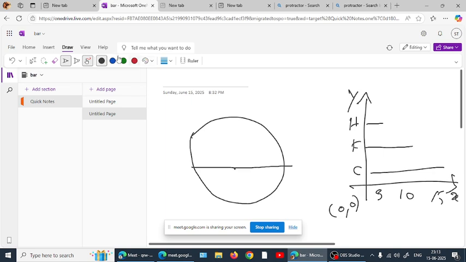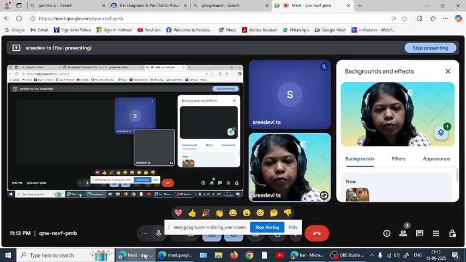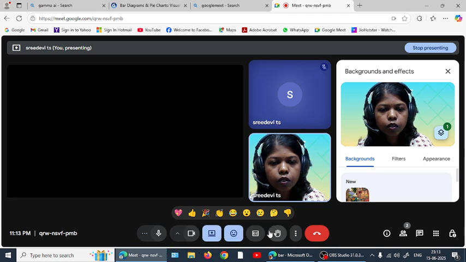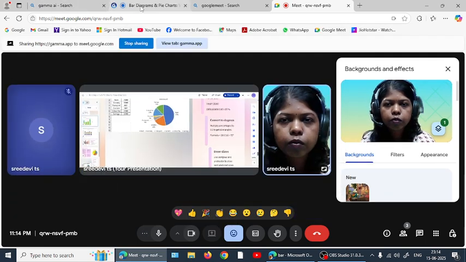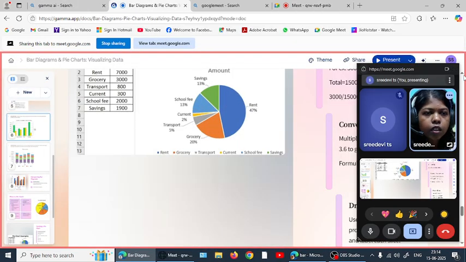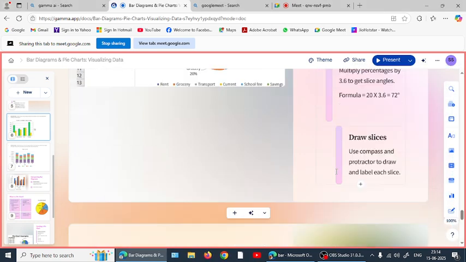We put a protractor here and mark 72 degrees. We make a slice like this. So we got the slice. Like this we have to calculate each slice.